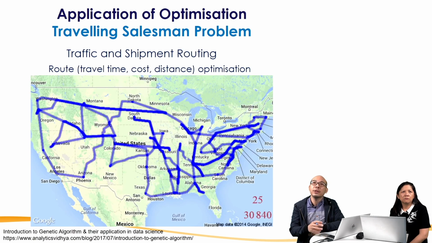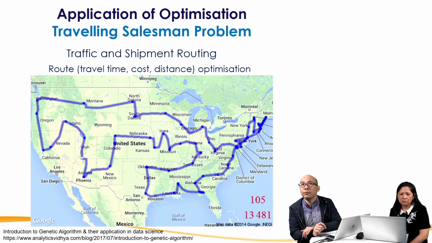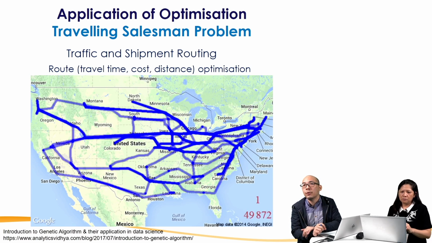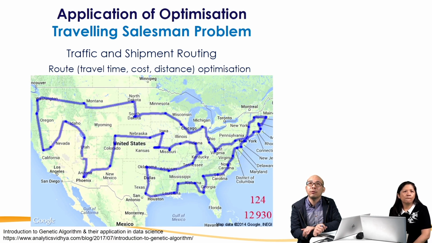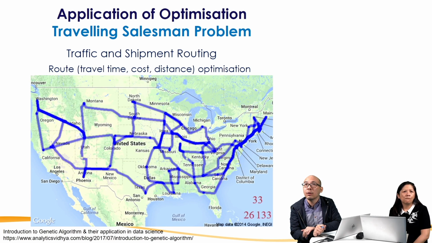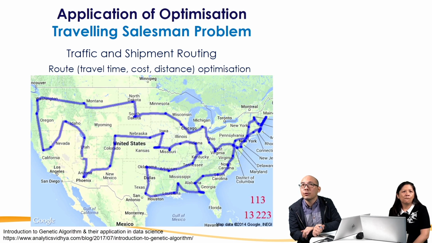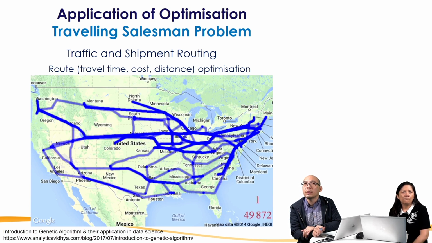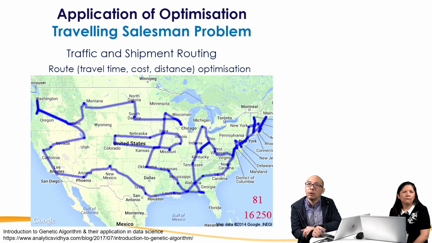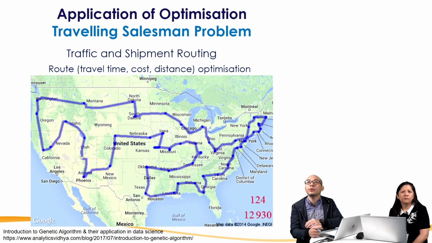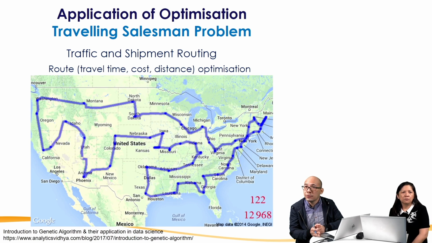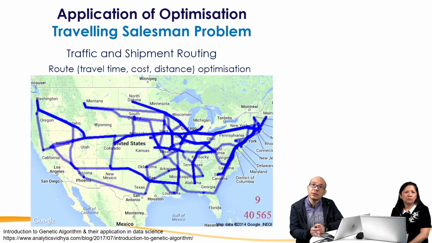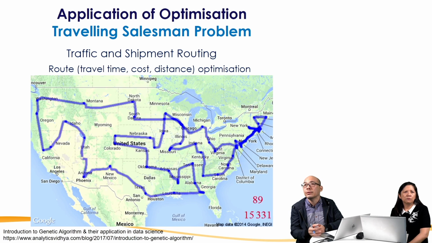Now, this example is a very famous business problem solved by a lot of organizations. It is the application of optimization using a genetic algorithm to solve the traveling salesman problem. In this case, we are referring to routing optimization. Basically, we try to find the fastest travel time, cheapest travel cost, and shortest travel distance.